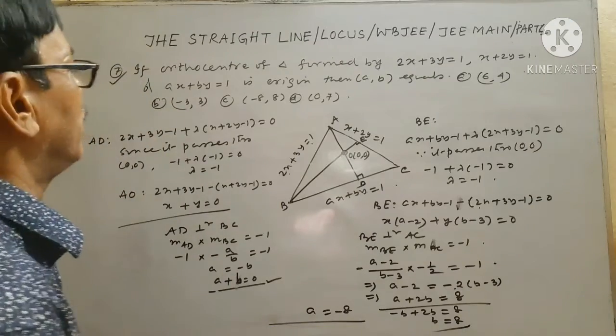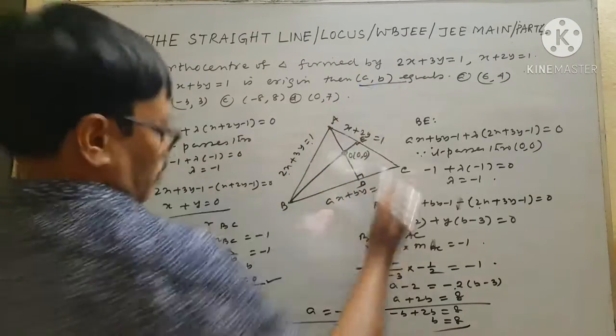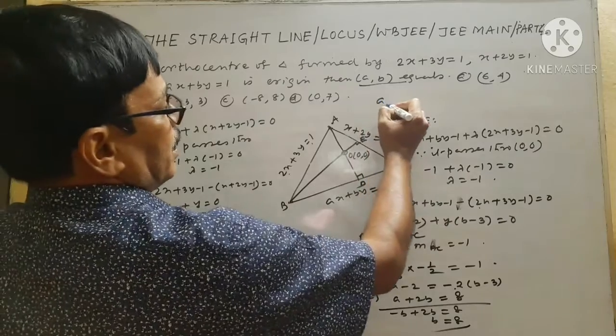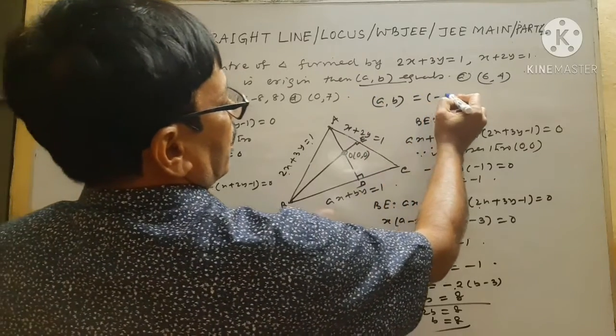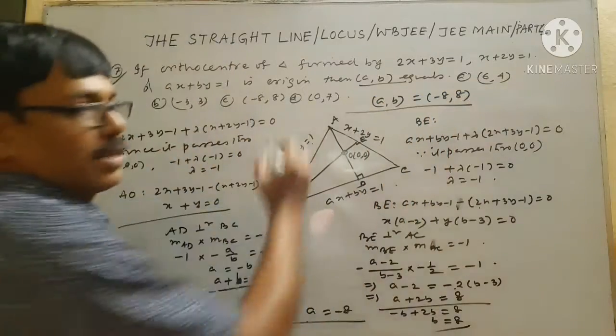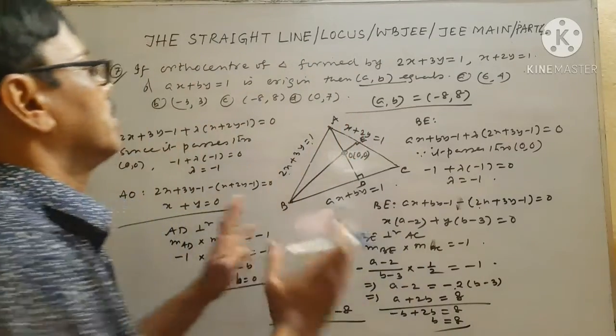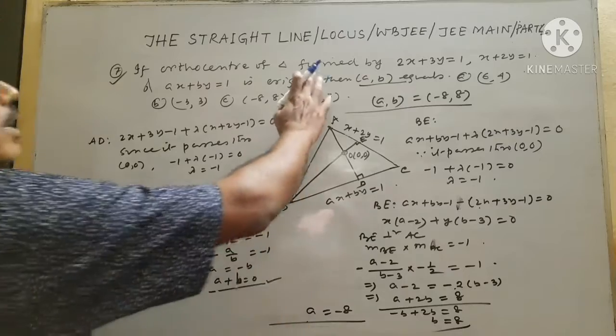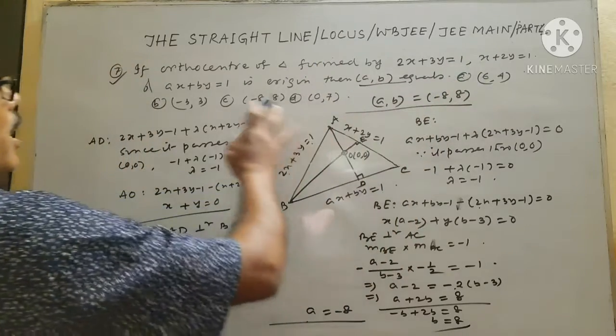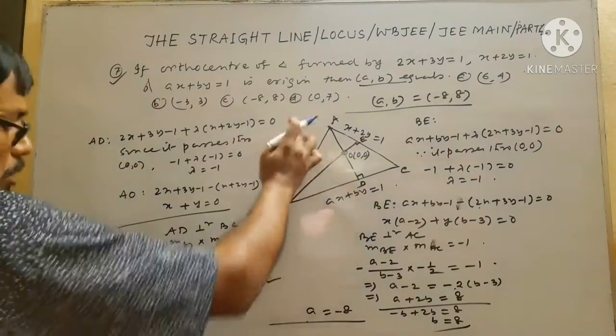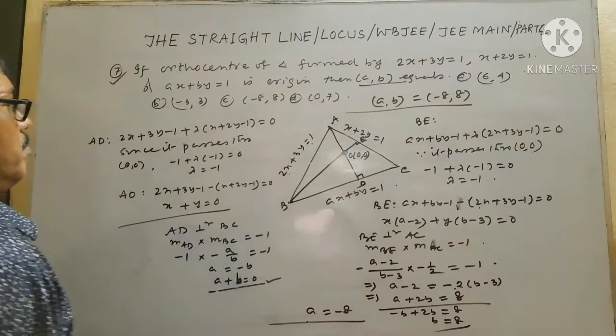So we have to find (a, b), which equals (-8, 8). This is a most important problem for JEE Main: three sides are given and the orthocenter is the origin, and you have to find a and b.